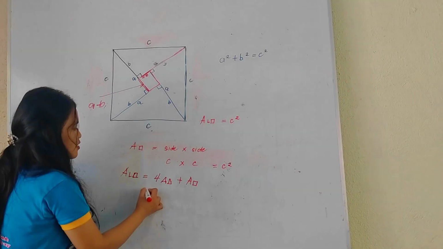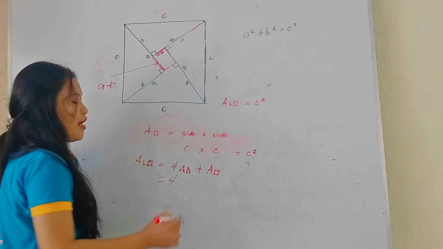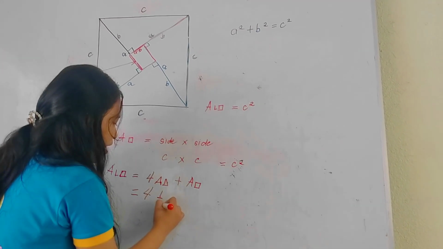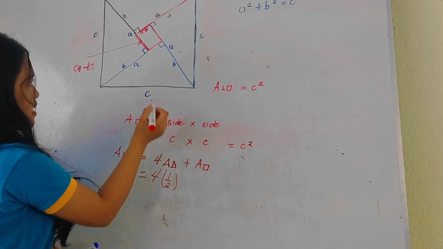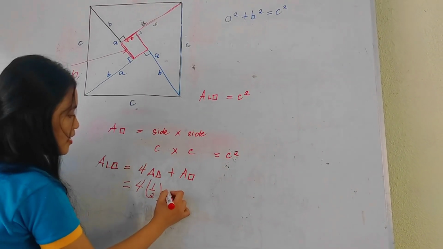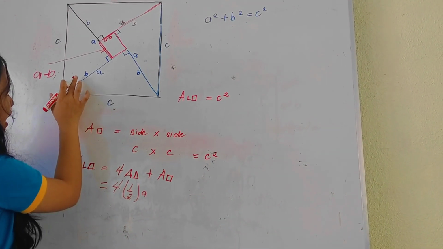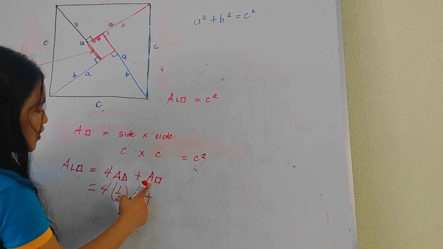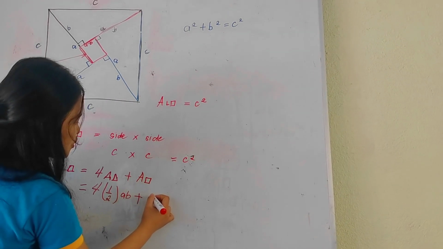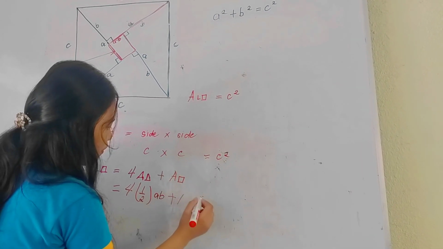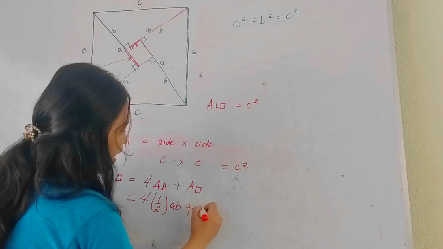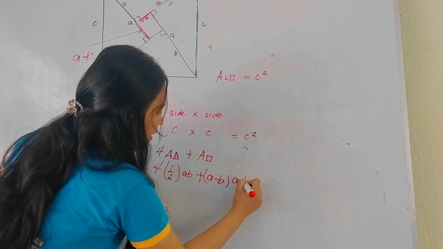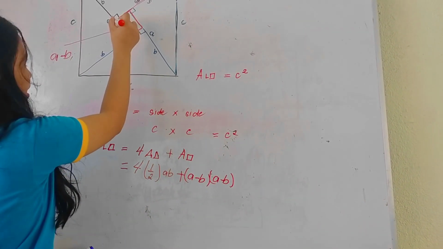Next, the area of the triangle is equal to 1/2 times base times height. So our base is A and our height is B, plus the area of the smaller square, which is equal to A minus B times A minus B. So this is the area of the smaller square.